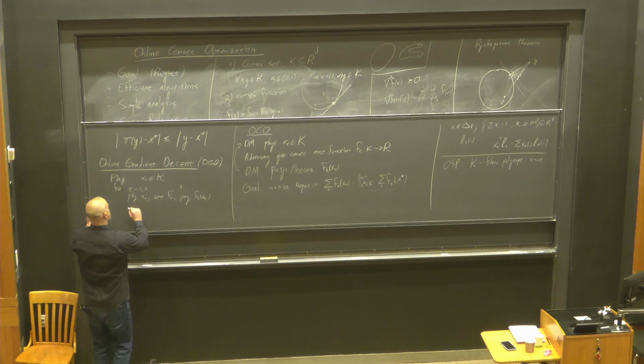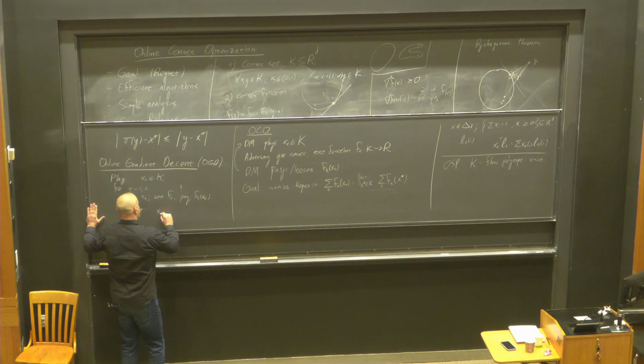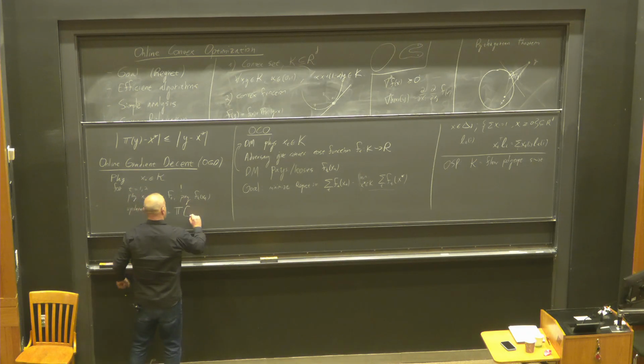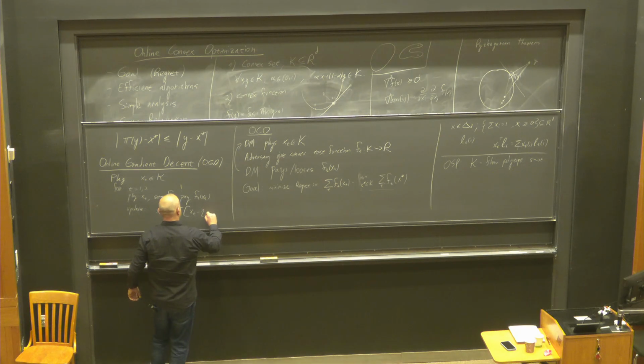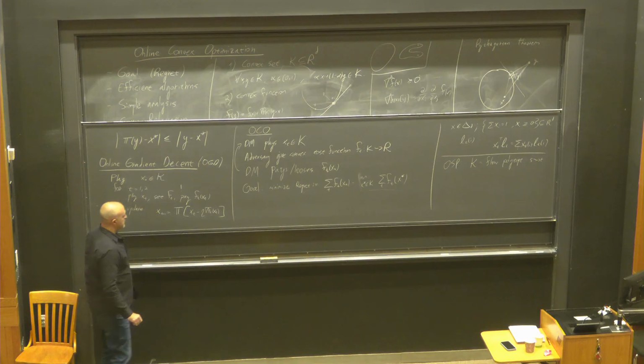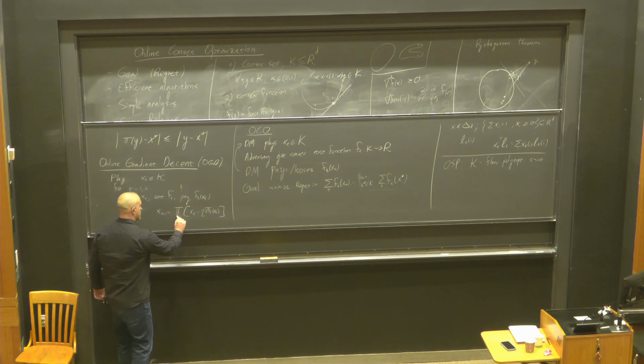And here's the important part. You update xt plus 1 is the projection of xt minus eta gradient ft at xt. Projection onto K.